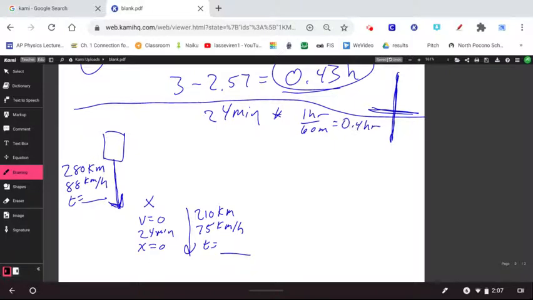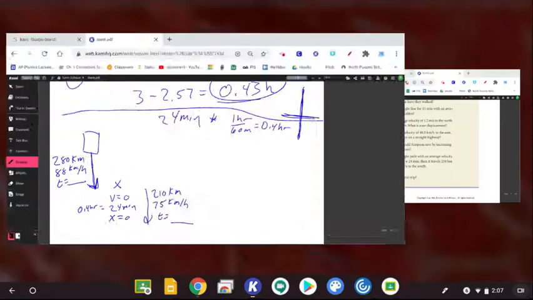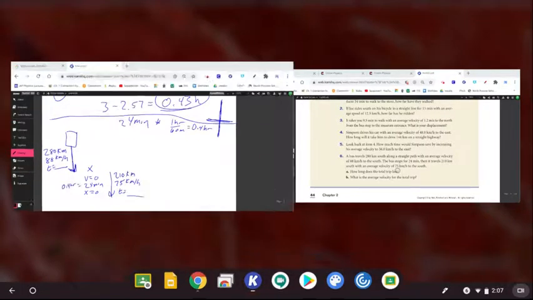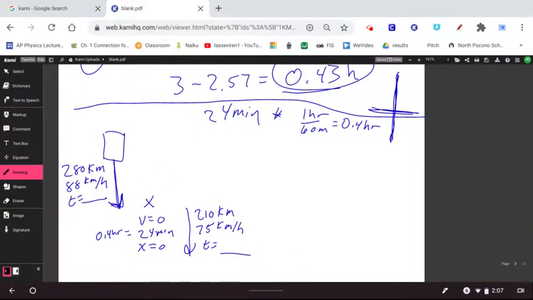So now the question asks us how long does the trip take and what's the average velocity. So time-wise, we need the time for each of the two legs that we don't have time for, the first and the last. So to find time, remember time was equal to displacement divided by velocity. So it would be 280 divided by 88.